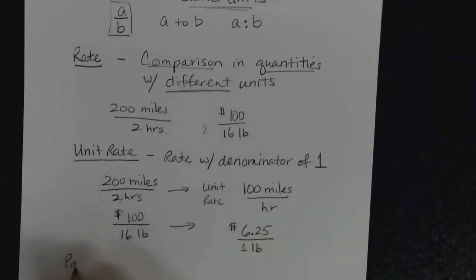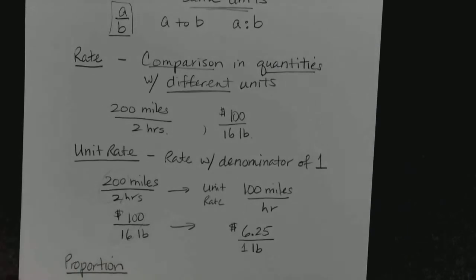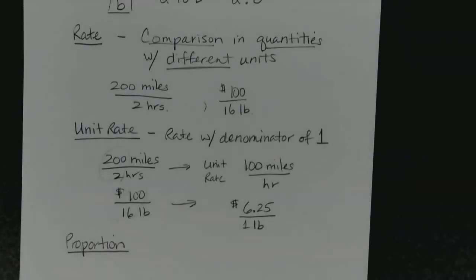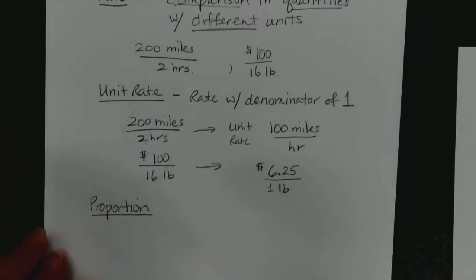Okay, now the last word will be proportion. What is a proportion? An amount of something, right. If I use it in terms of everybody gets a portion, right? But let's talk about it in terms of ratios.